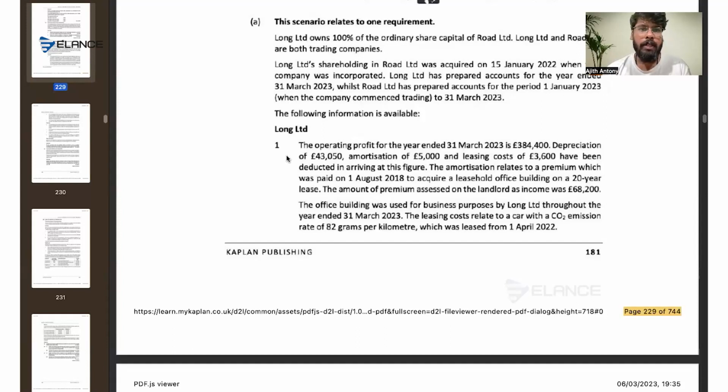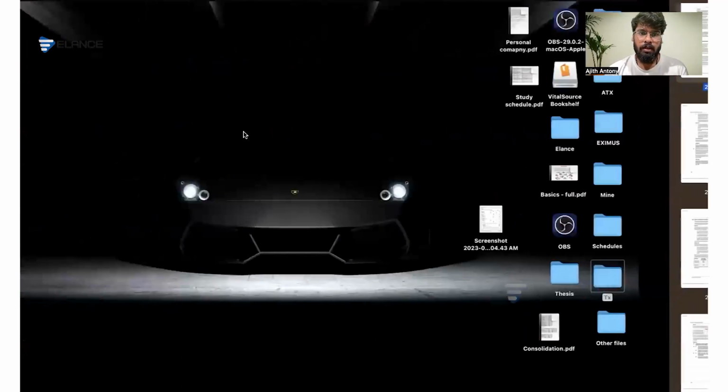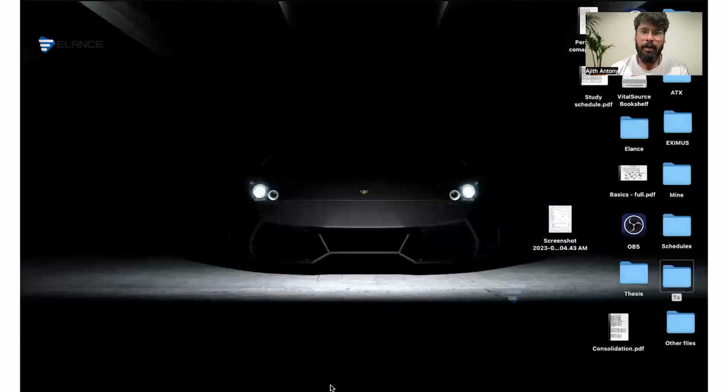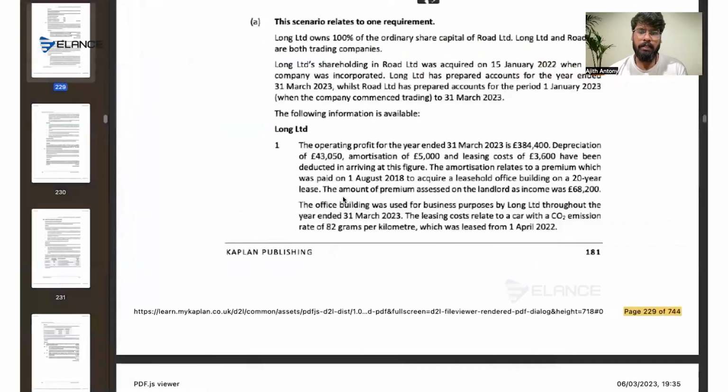The first requirement is that we need to find out the corporation tax liability. So let us find out the corporation tax liability of both Long Limited and Rod Limited.